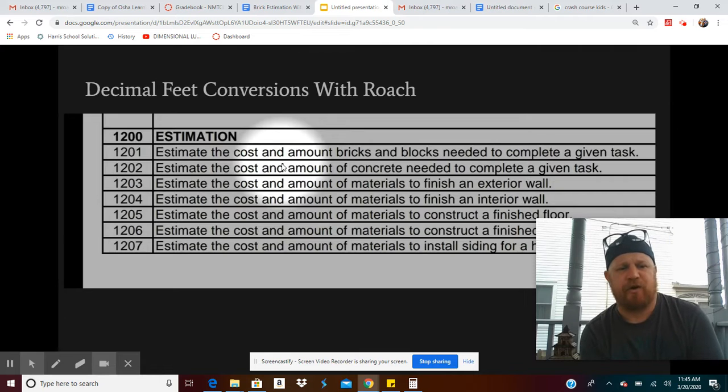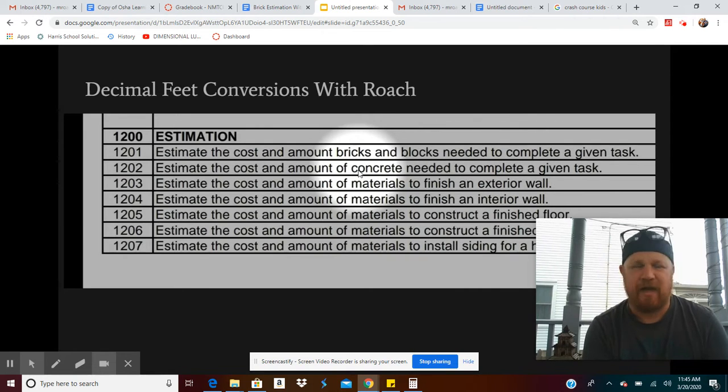So the next one we're going to start working on is estimate the amount of concrete needed to complete a given task. Why would we have to figure out the amount of concrete needed? Why would we have to even do that estimation? Because we're carpenters. As we discussed in the blocks lesson, we would have to order concrete in order to pour our footings for our foundation walls.